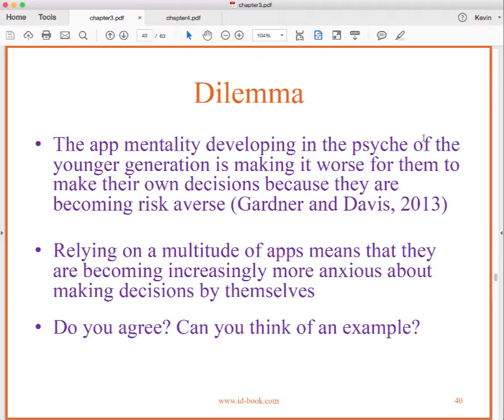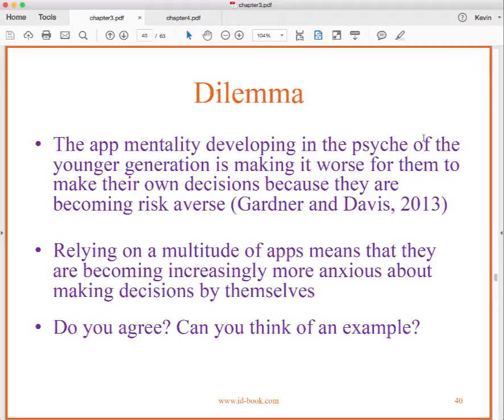Now, we're going to come into an area of discussion that is, I think, a little controversial. Here's a claim. Gardner and Davis, in their work in 2013, made the claim that the app mentality developing in the psyche of the younger generation is making it worse for them to make their own decisions because they are becoming risk averse.